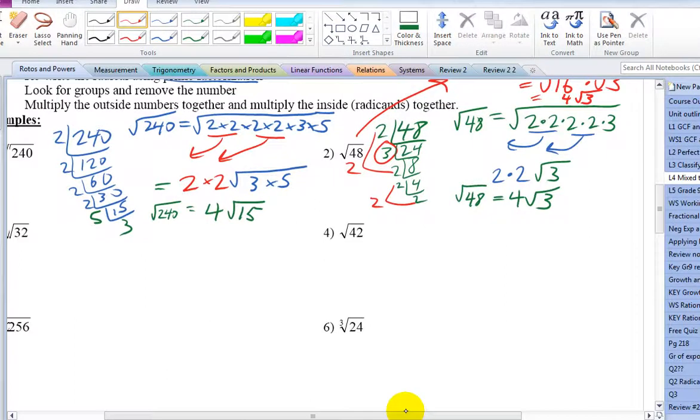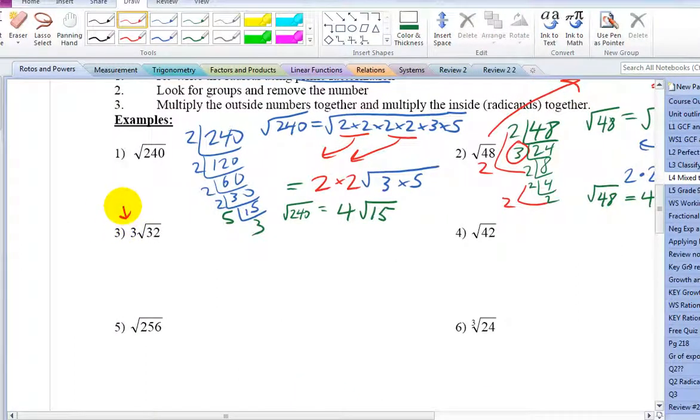Okay, let's do the next one now. So now we're starting with a number out front. Nothing really changes. You take 32 and do your prime factorization, please. Now what I like to do is I like to take this 3 and write it up front at the beginning so I don't forget about it.